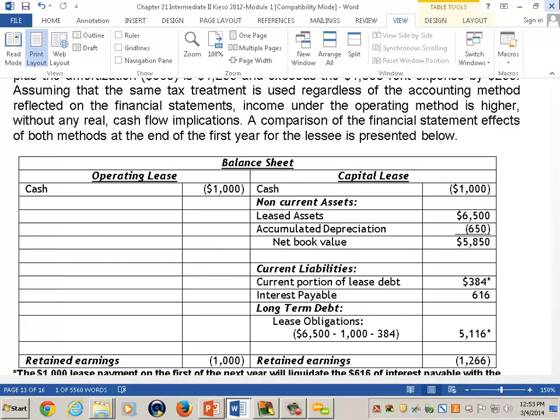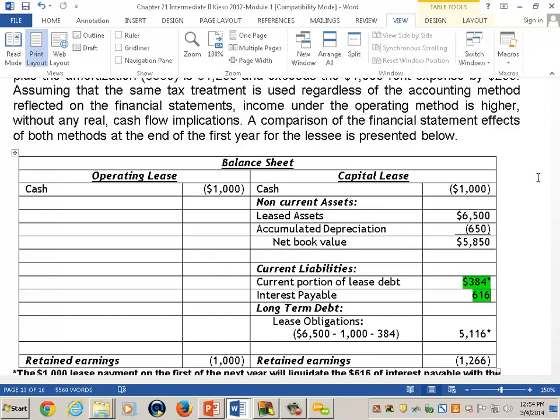And if you wanted to, technically, I wouldn't argue if you just made this 1,000, the current portion of long-term debt, but I decided to split this up between principal and interest.